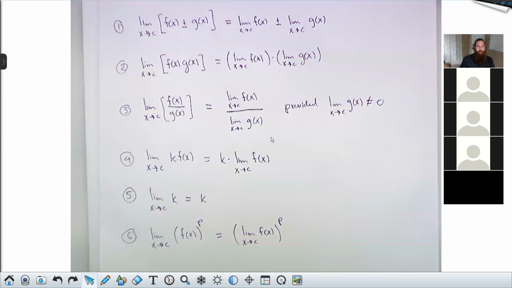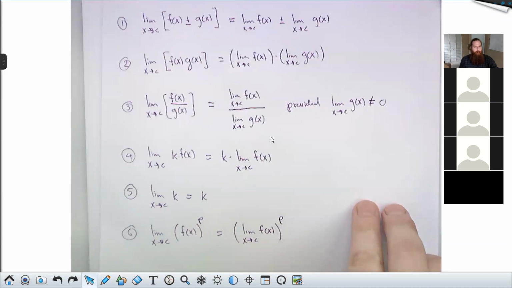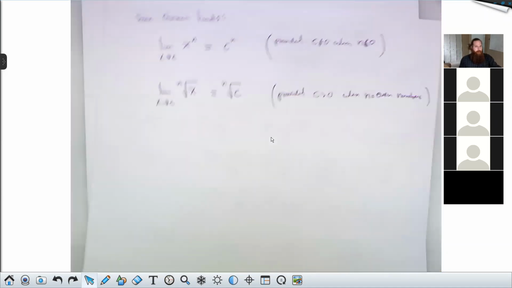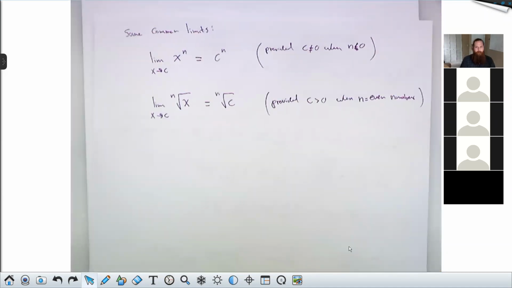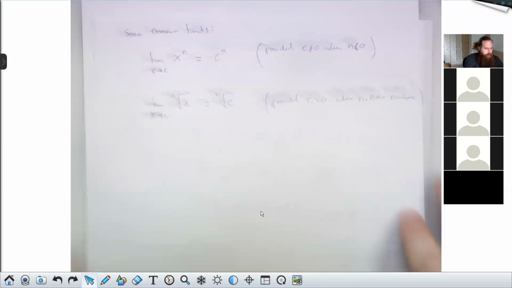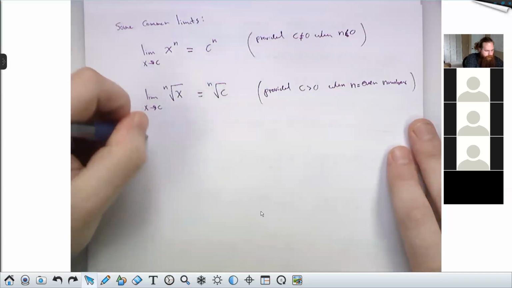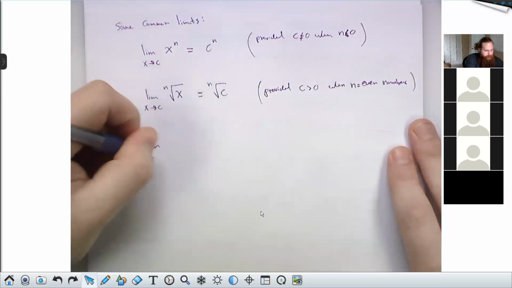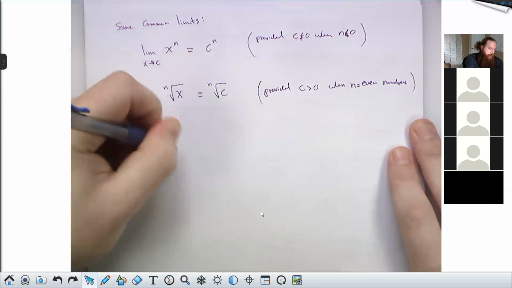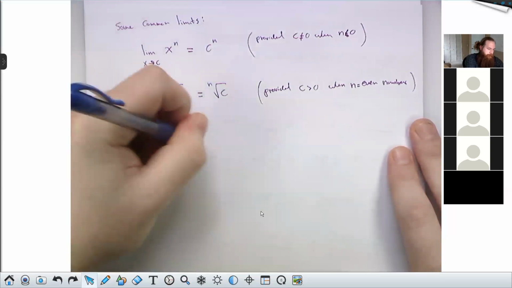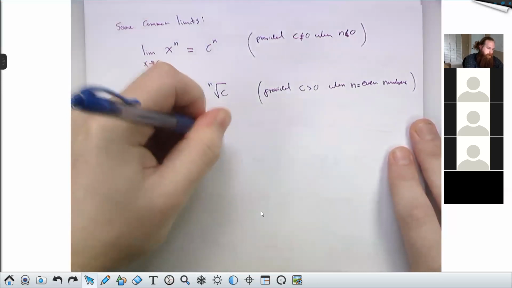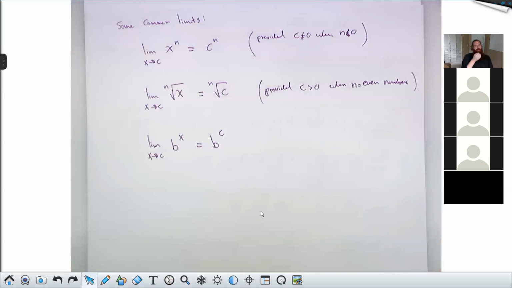So these are our limit laws. And these are some common limits that we use often. I don't think this one is in your book, but I would go as far as to say here that the limit as x approaches c of an exponential function can always just be calculated by plugging in also.